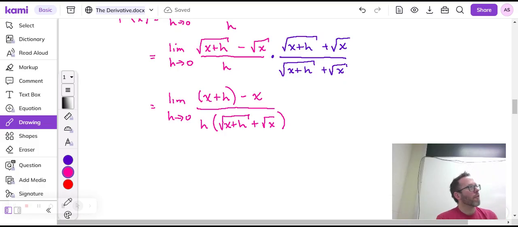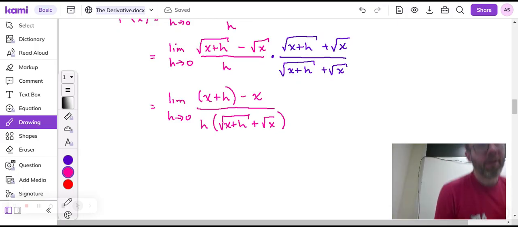You guys are still looking for those common themes. You always want the h on the bottom to divide out, which means you expect all the stuff on the top that doesn't have an h to cancel to 0, add or subtract to 0. And that does happen here. Now we've done a few of these, so if you're recognizing the simplifications you can do, I might do this here.